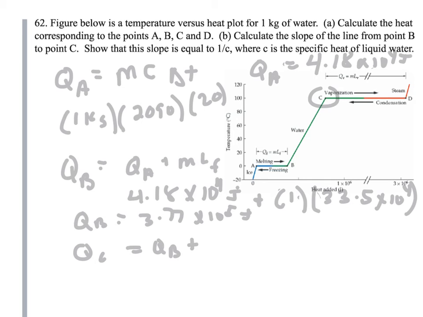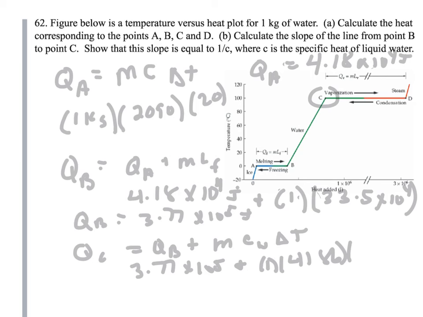We start out with Q sub B, plus not the latent heat, I'm sorry, the specific heat of water, and specific heat of water times that temperature change. So what we get there is our Q sub B, 3.77 times 10 to the 5th, plus the mass of 1, and then the specific heat is 4186, and the temperature changed 100 degrees.